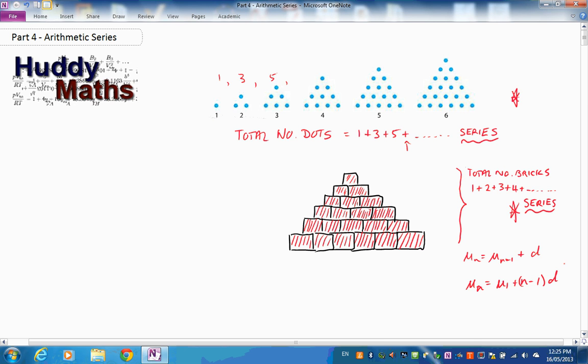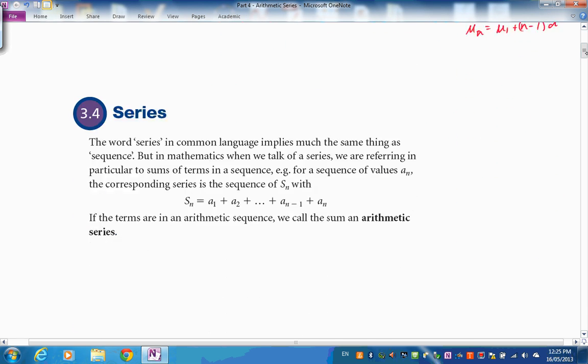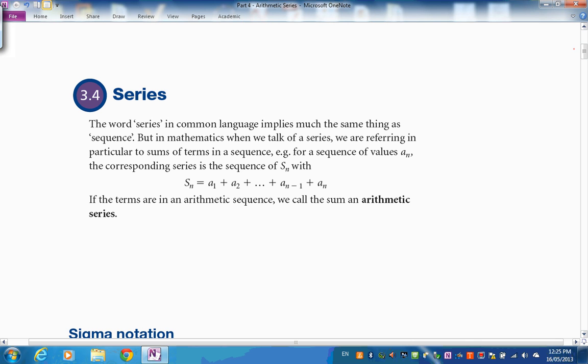Before we try to add them up in the arithmetic case, let's have a look at some symbols that we use for addition in mathematics. So here's Pearson's, again I'm using clippings from Pearson's textbook for the new IB course, first examined in 2014.